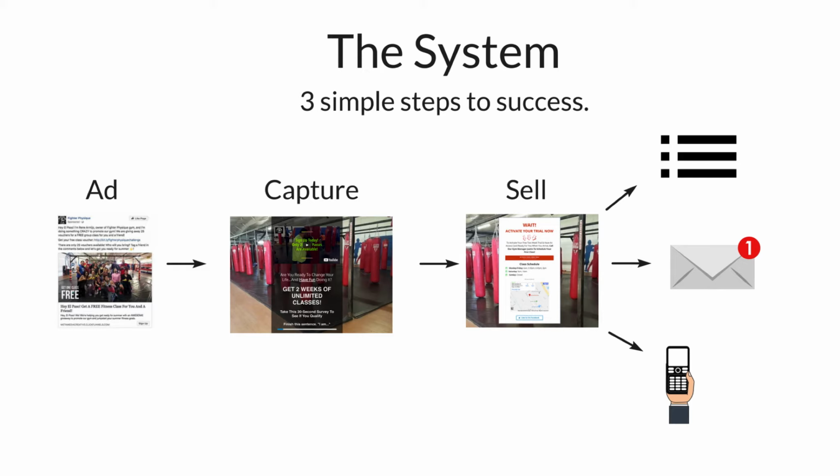They've already raised their hand, they've given you their information and opted into your offer. The other thing you could do is upload the list to Facebook and say, these are the people that took our offer, I want you to go find similar people with similar demographics. So it's a huge benefit there.